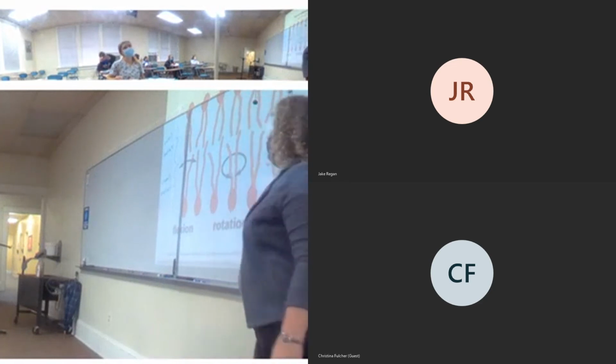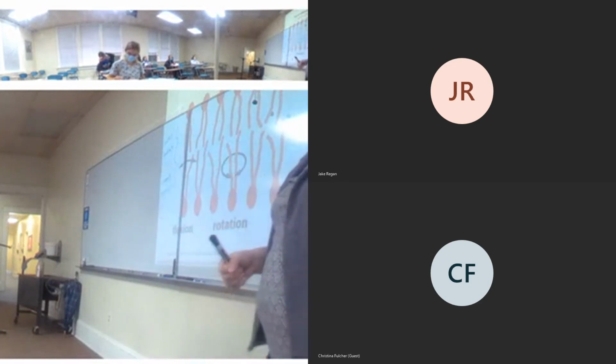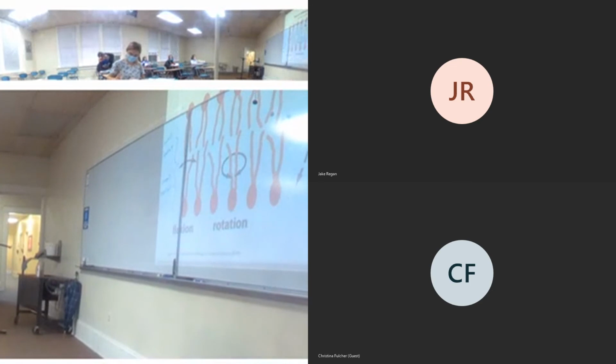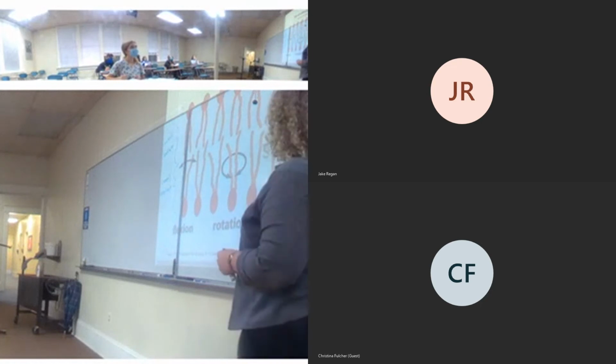Why is that movement difficult when the other ones are not? It takes more energy. You have to get the hydrophilic head all the way across the membrane.